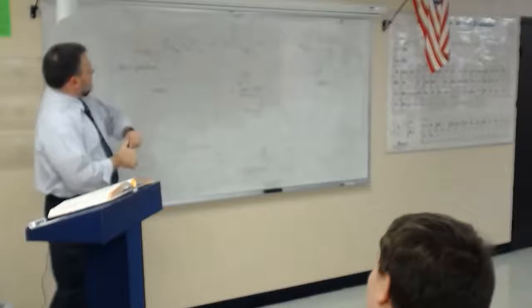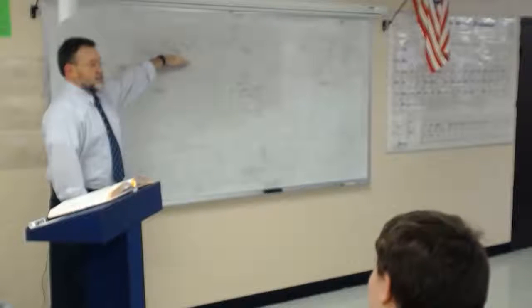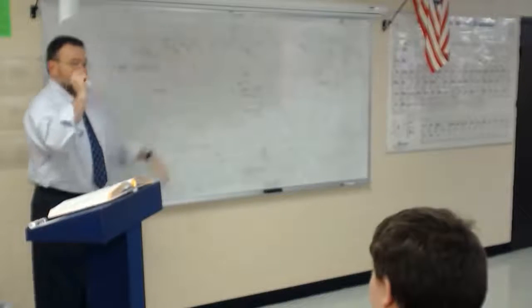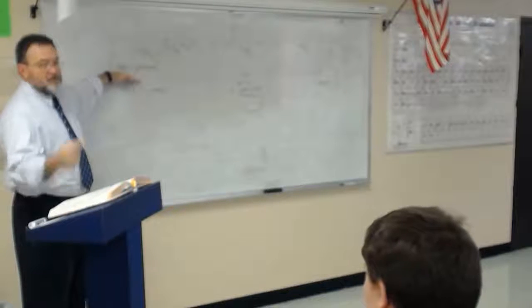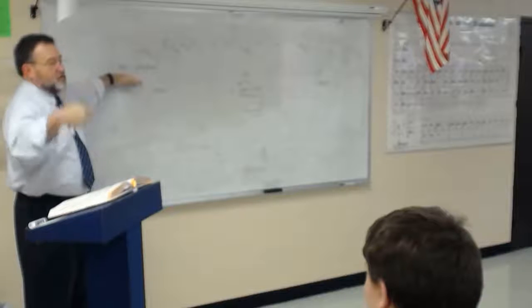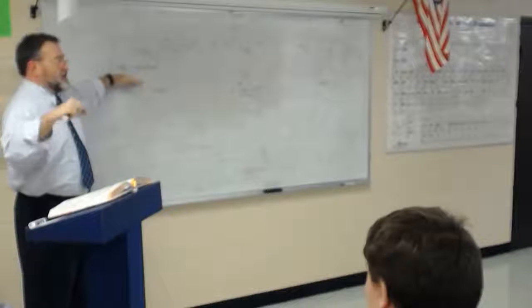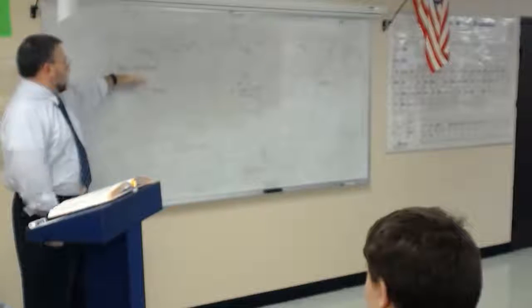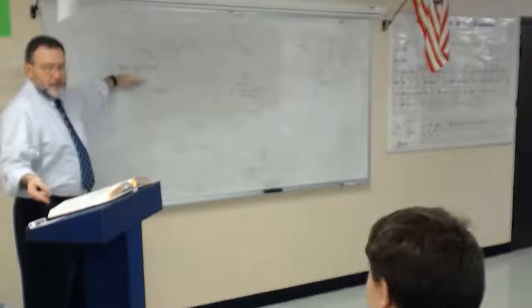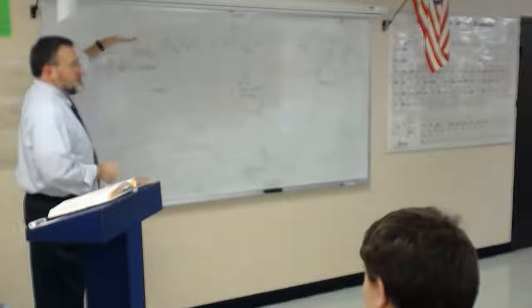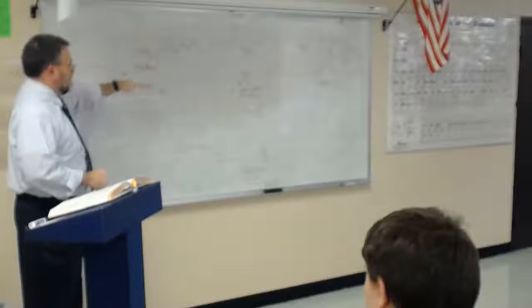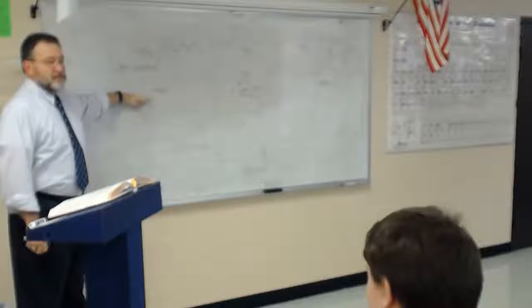So if one molecule of glucose has 180.1 AMUs per molecule, it also has simultaneously 180.1 grams per mole. See? So I'm given grams per mole, and I'm looking for moles.